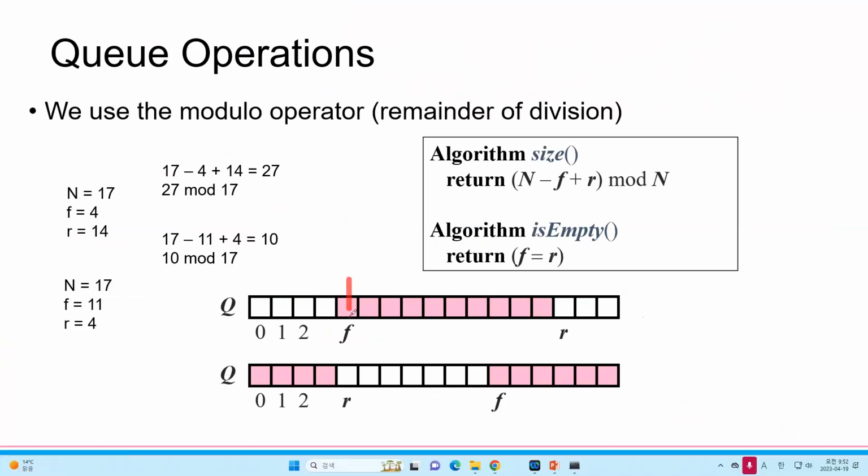I know that this one, 1, 2, 3, 4, 5, 6, 7, 8, 9, 10. Okay, I know there are 10 elements here. But what if I want to know automatically with the formula? So I can just do it with this one.